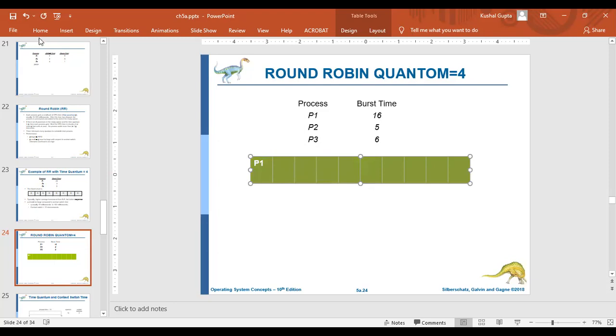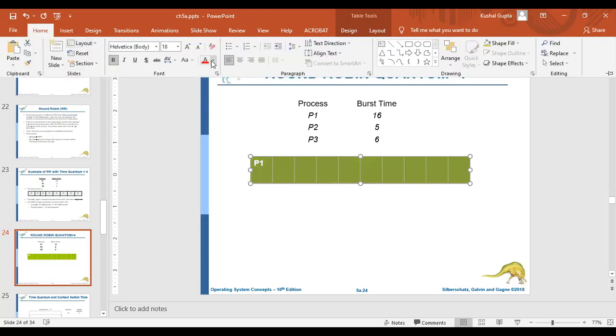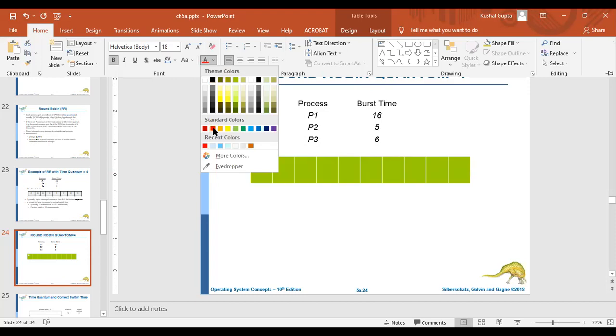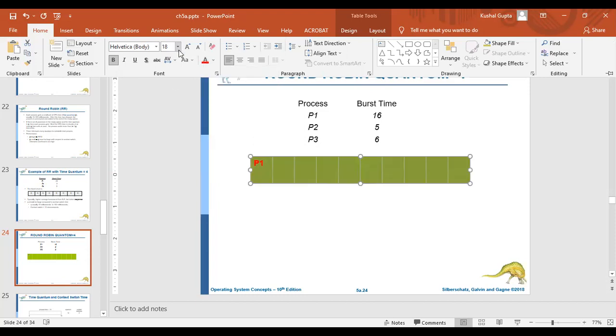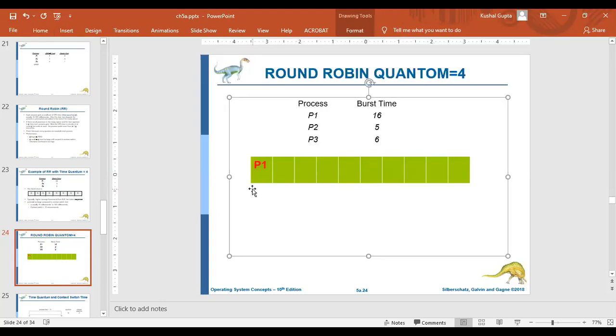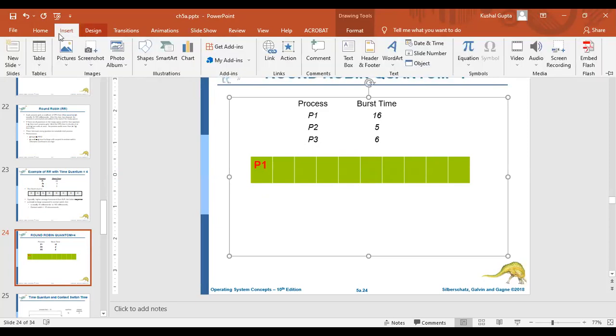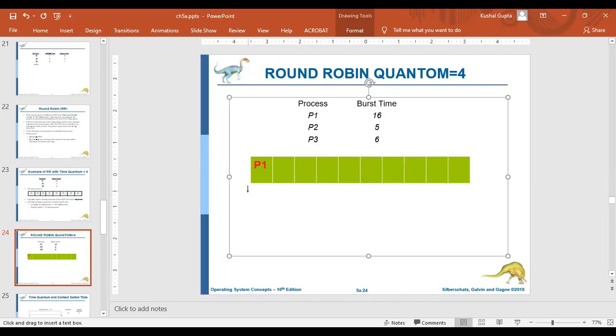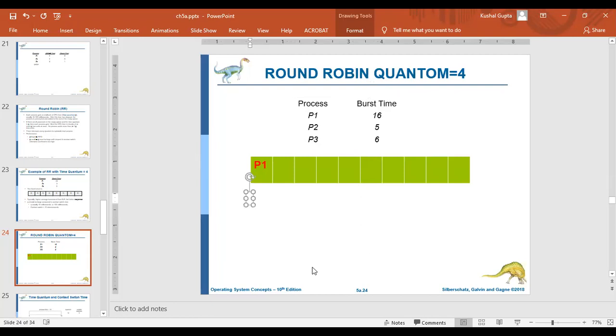Let me change the color also. Okay, P1. So what time it will be? 0.